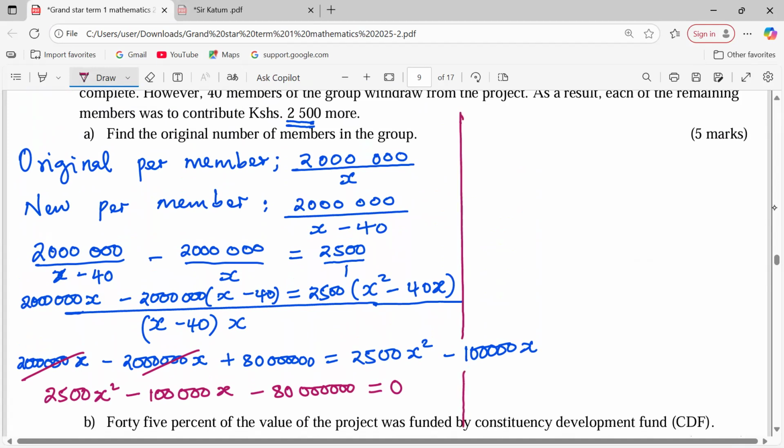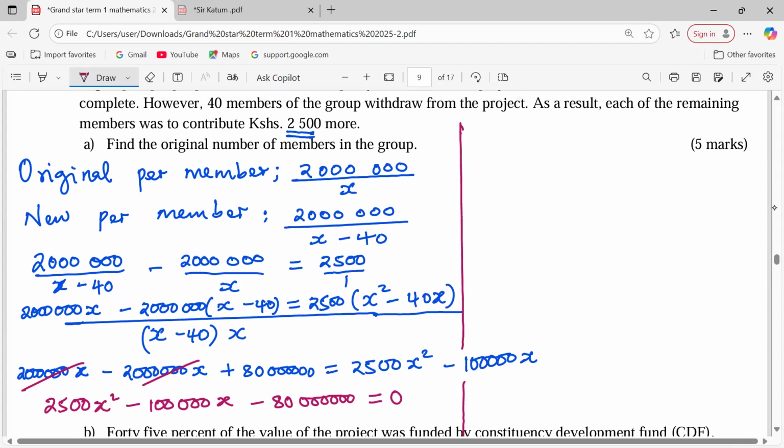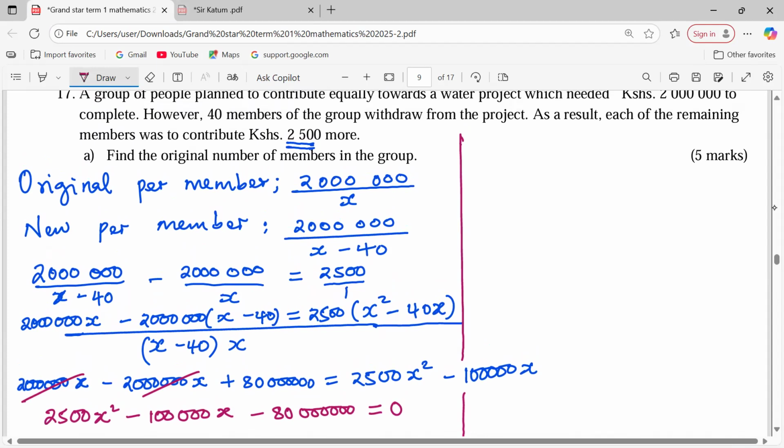To simplify this, we can divide through by 2500.